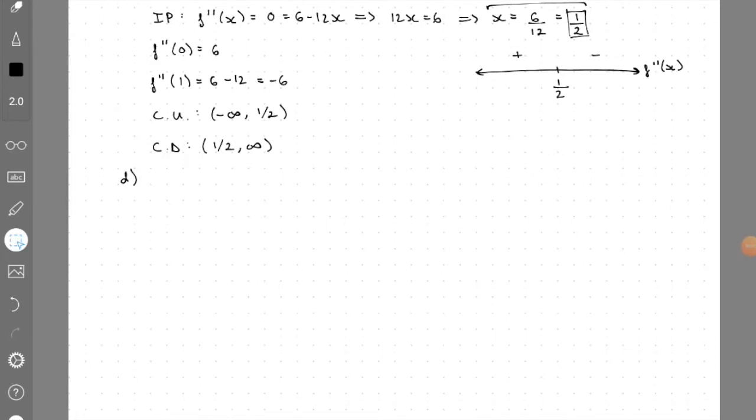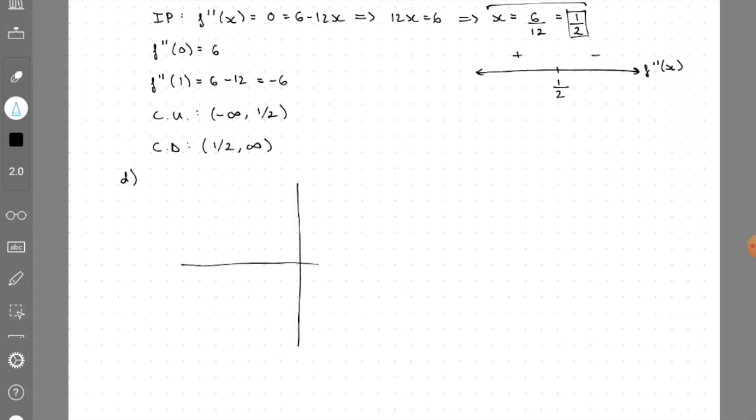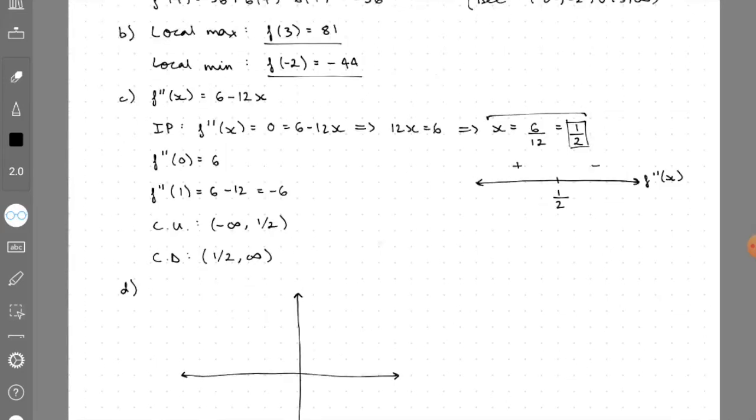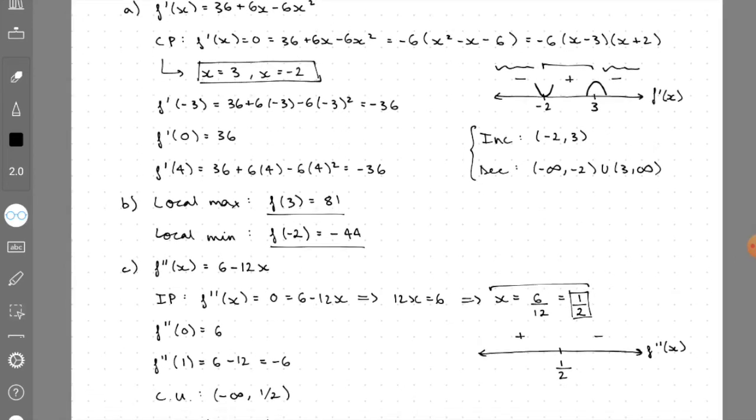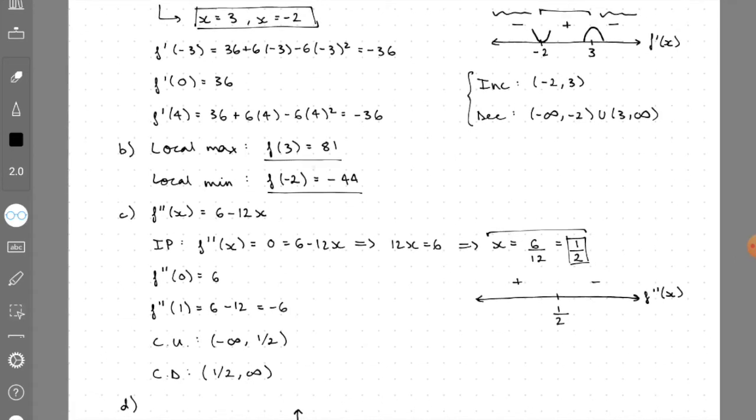For part D, we have to sketch the graph, right? I'm going to start by just drawing some axes here and here. And we already know a few points that are important. From part A, we know that the critical points are x equals 3 and x equals negative 2. And in part B, we actually calculated them.